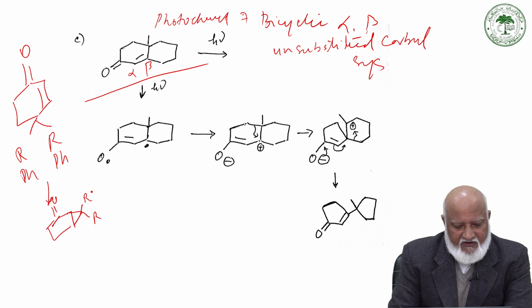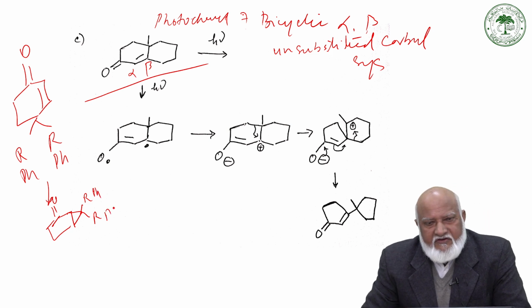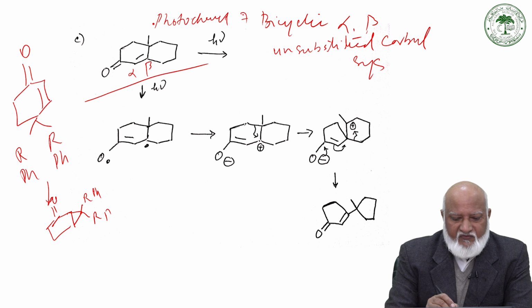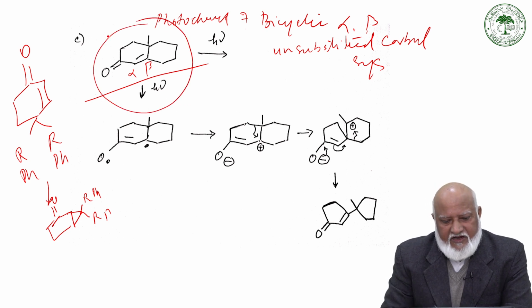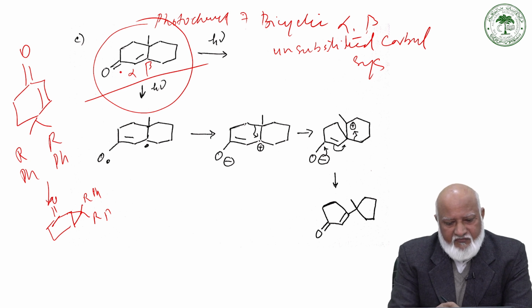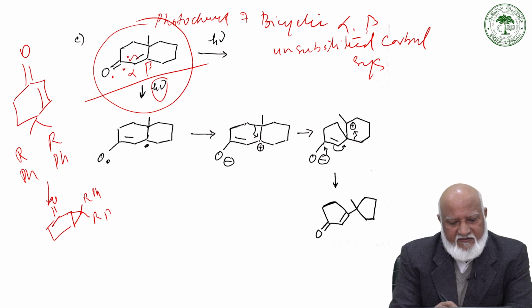So people have looked into what happens when we have a bicyclic system. Under photolytic condition, as usual, we can generate a 1,2 radical and then transform to 1,4: excitation of the carbonyl, n pi star, to a 1,2 radical and then transform to a more stable 1,4 radical. 1, 2, 3, 4.